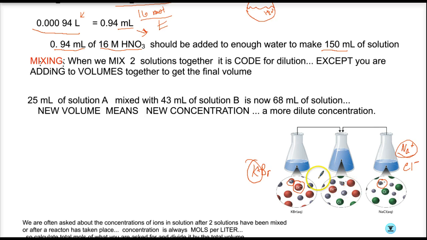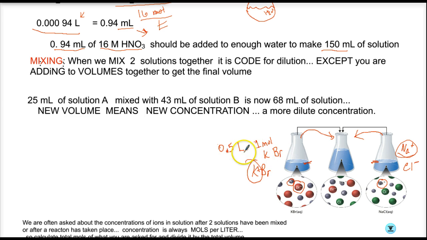If we put these two together, notice that this volume has to add to this volume. Let's say, just making up a number, we had 0.5 liters of a 1 molar solution of potassium bromide.